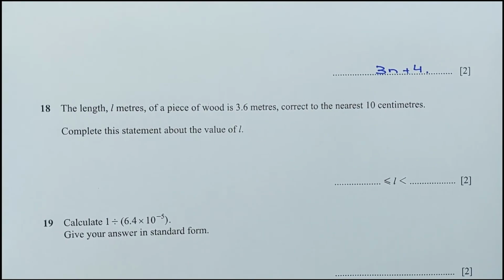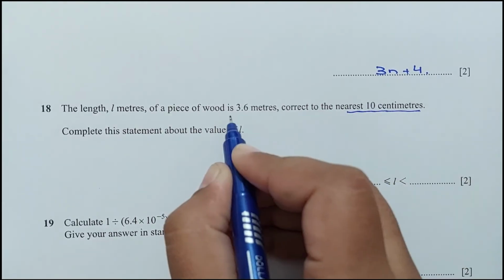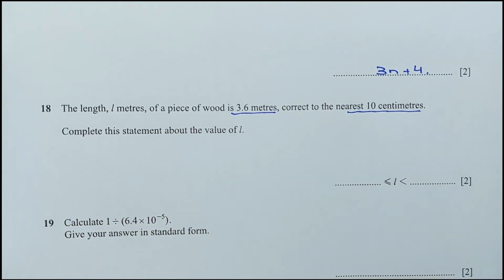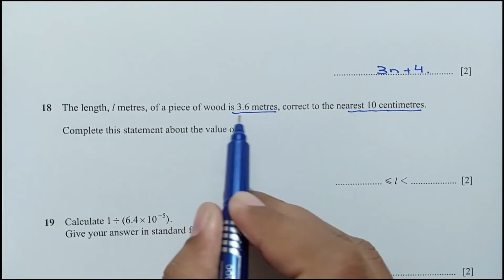Question number 18, the length L meters of a piece of wood is 3.6 meters, correct to the nearest 10 centimeters. Right. Complete this statement about the value of L, the maximum and the minimum value we have to calculate. So the length of the piece of wood is in meters.